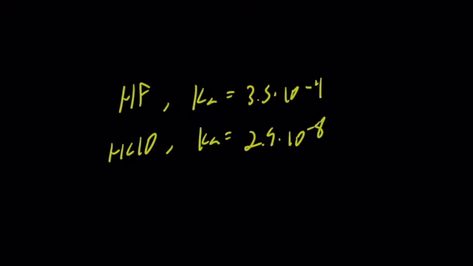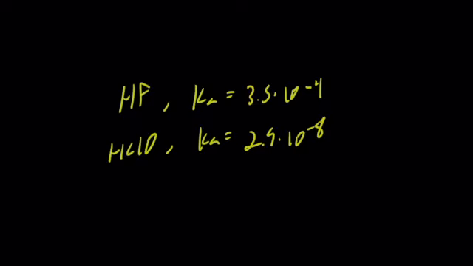And the question is, which of the two has a stronger conjugate base? Do keep in mind that the strength of an acid is inversely proportional to the strength of its conjugate base. So the stronger the acid, the weaker the base.